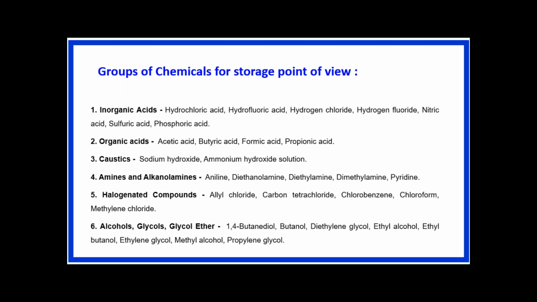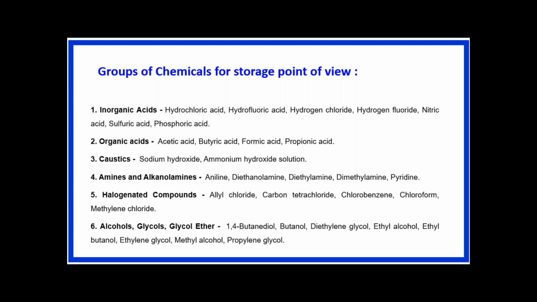Now, there are different classifications of chemicals. Sometimes the classification is on the basis of acts, sometimes on the basis of rules, sometimes on the basis of standards, and sometimes on international standards.